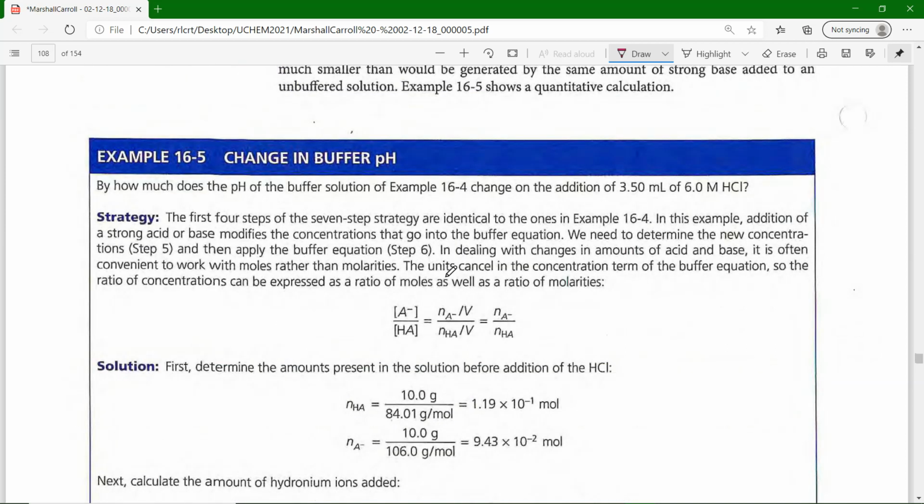By how much does the pH of the buffer solution of example 16.4 change on the addition of 3.5 mL of 6 molar HCl? Okay, so let's get the moles of incoming acid. That's 0.119. How am I getting that? 10 grams. Why are they using 10 grams? Example 16.4.